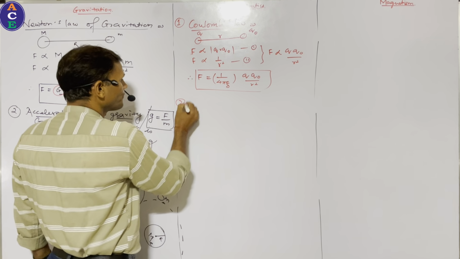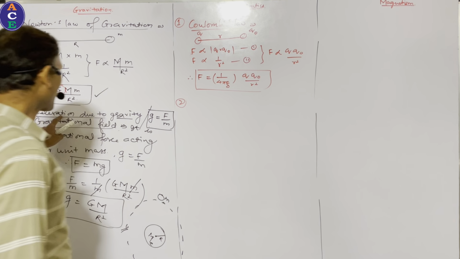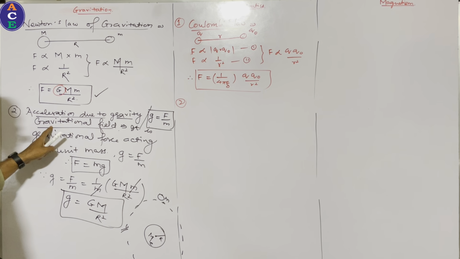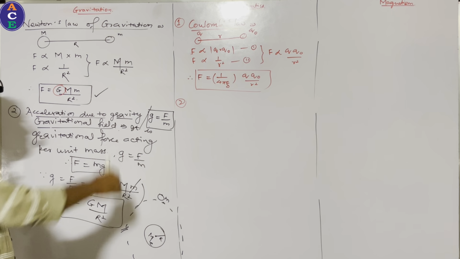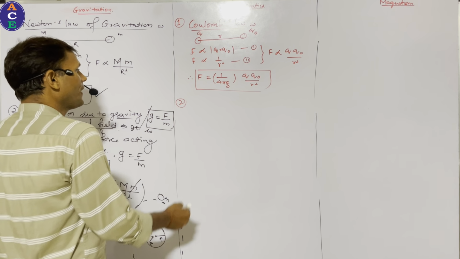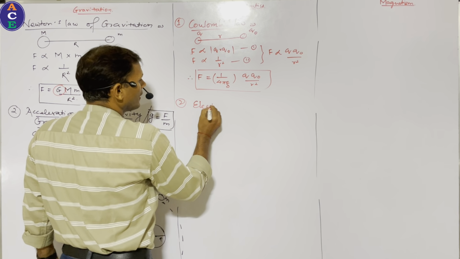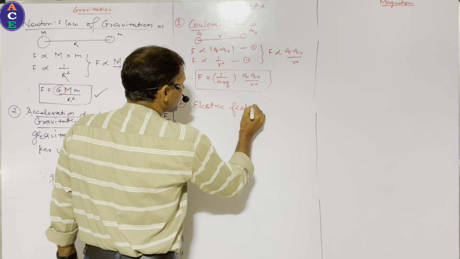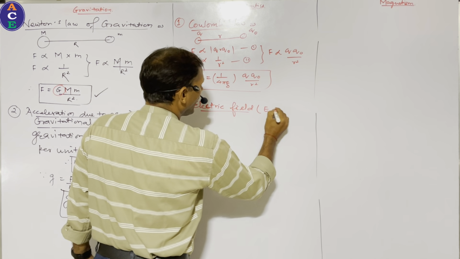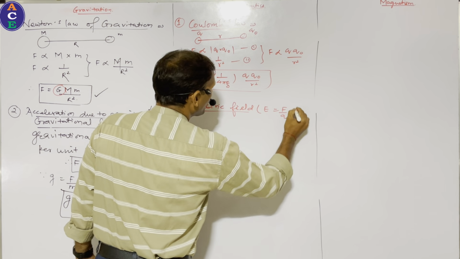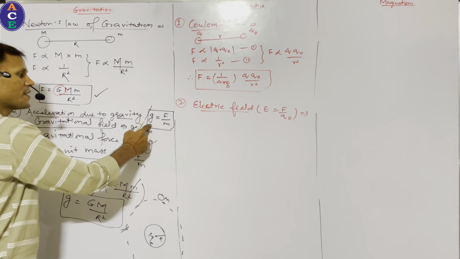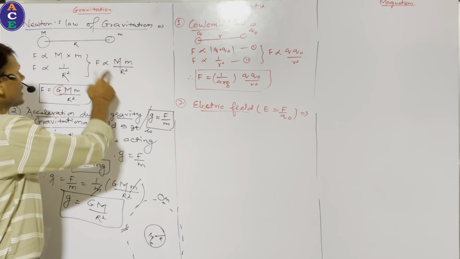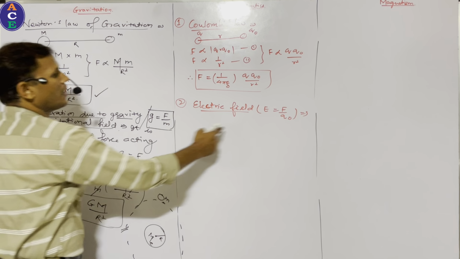Now second term, here it was the acceleration due to gravity or gravitational field. Here we will get electric field. It is represented by E, and E will be F by Q naught. What was here? It is g, F by m, because यहाँ पे masses separated थे, यहाँ पे क्या आएगा?